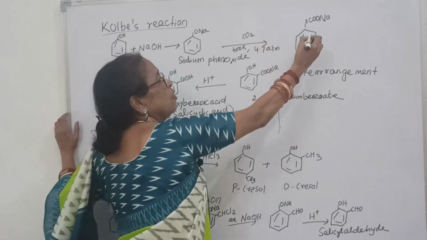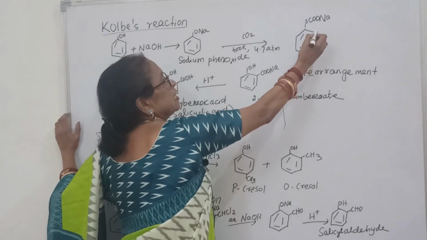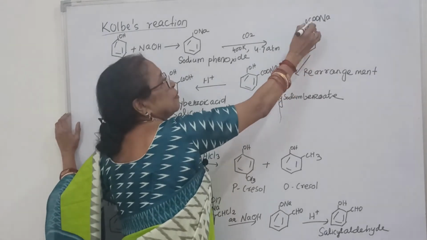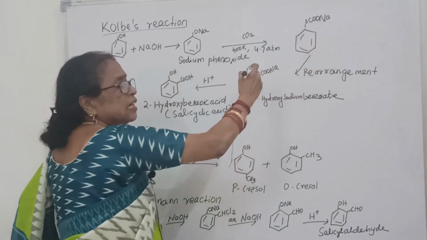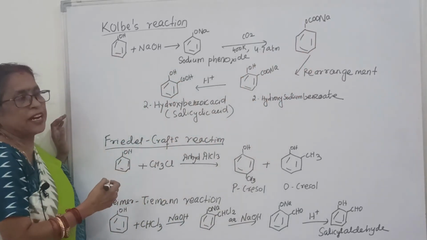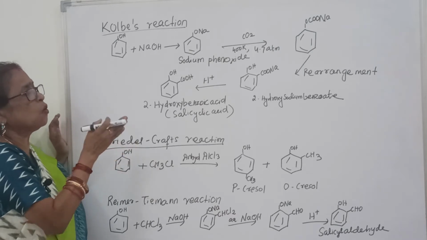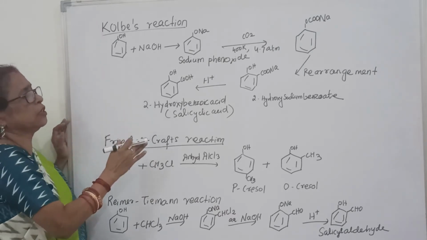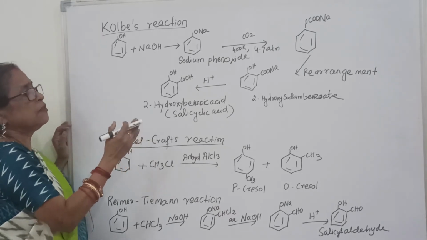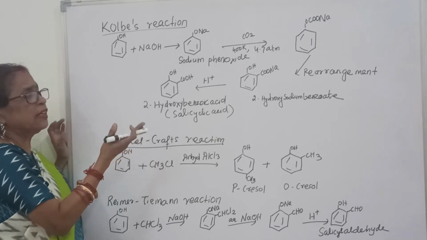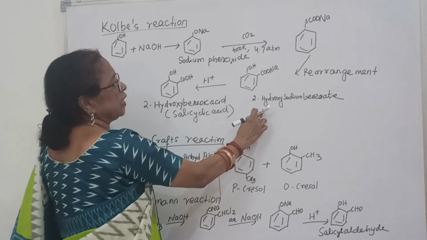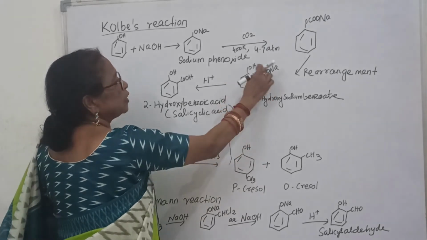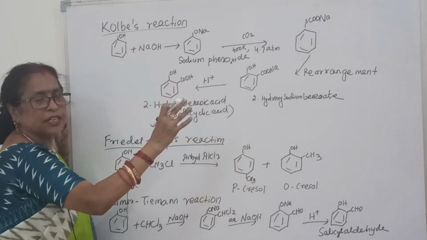That is why this H is replaced here, and COONa comes here. That is called self rearrangement. In self rearrangement, OH is in first position, and in second position COONa. Then what is this name? Here 2-hydroxy sodium benzoate. This is a benzoic acid derivative.